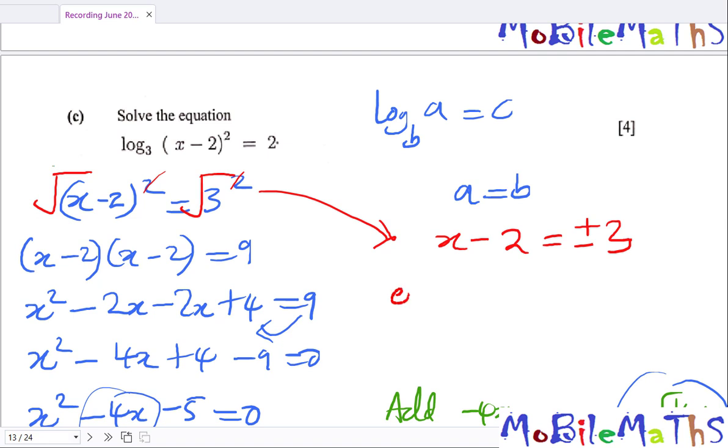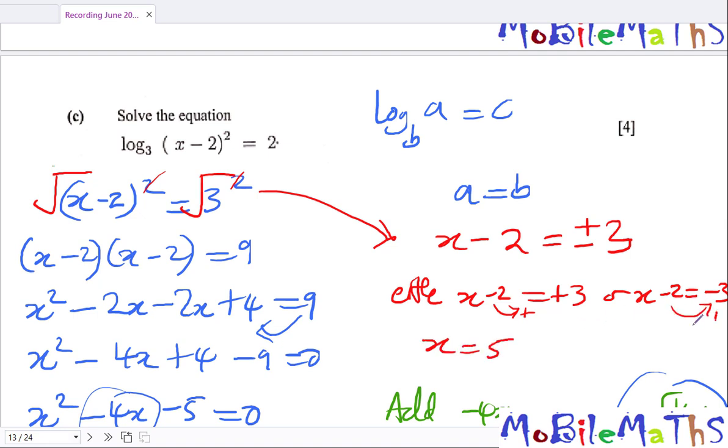So I'll have either x minus 2 equals plus 3, or x minus 2 equals minus 3. Solving this one, it becomes plus, so x equals 5. And this one becomes plus, so x equals minus 1. So that's another simpler way of getting it.